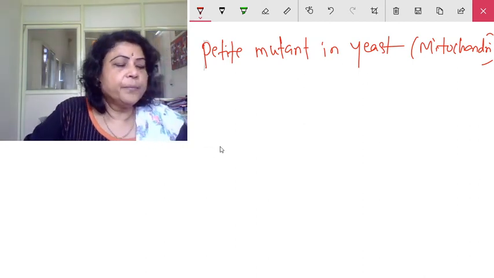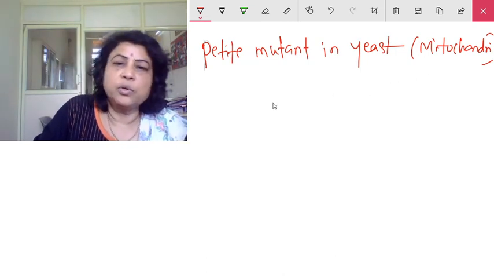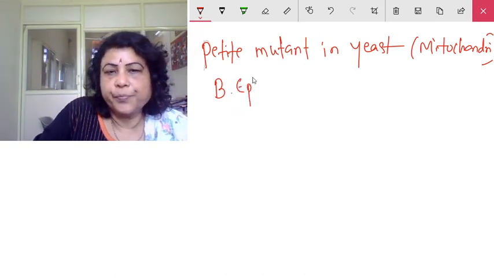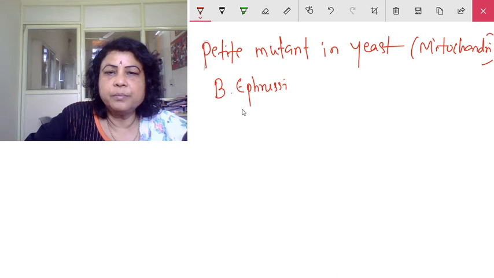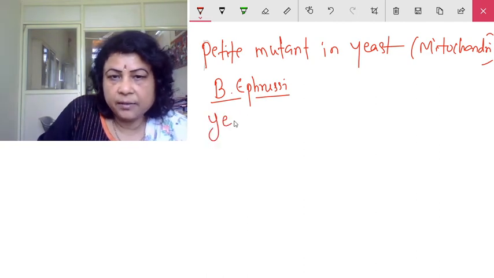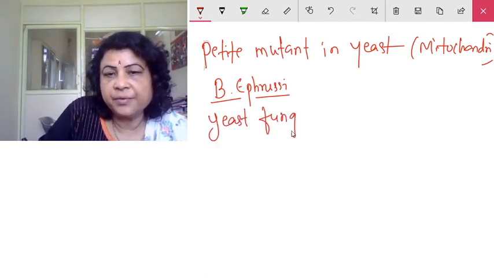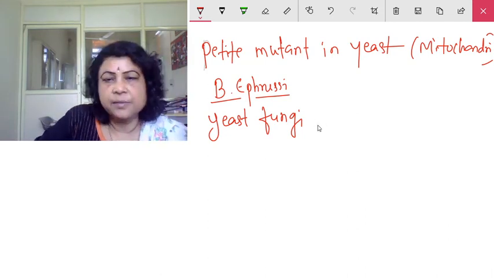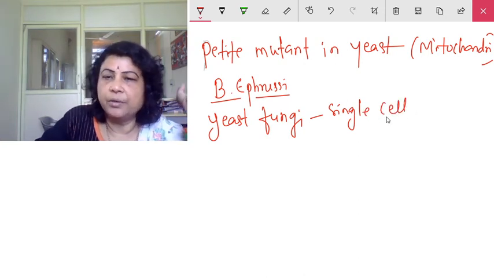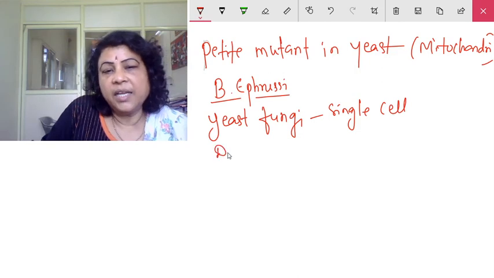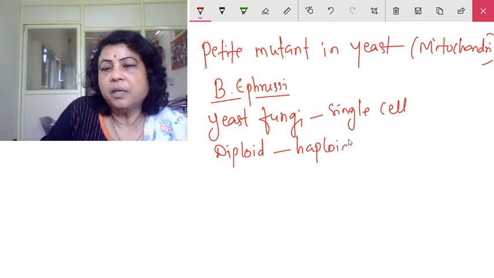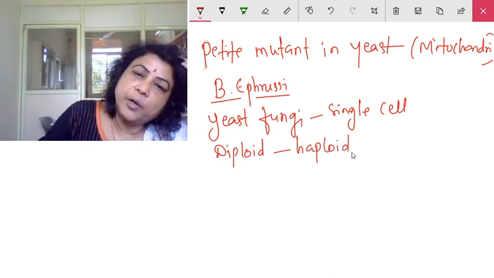We know that the discovery of this petite mutant was by B. Ephrussi. He observed that yeast, which is a fungus and not a plant, is a single cell organism, a single cell fungus, and it has an alternating diploid and haploid cycle.